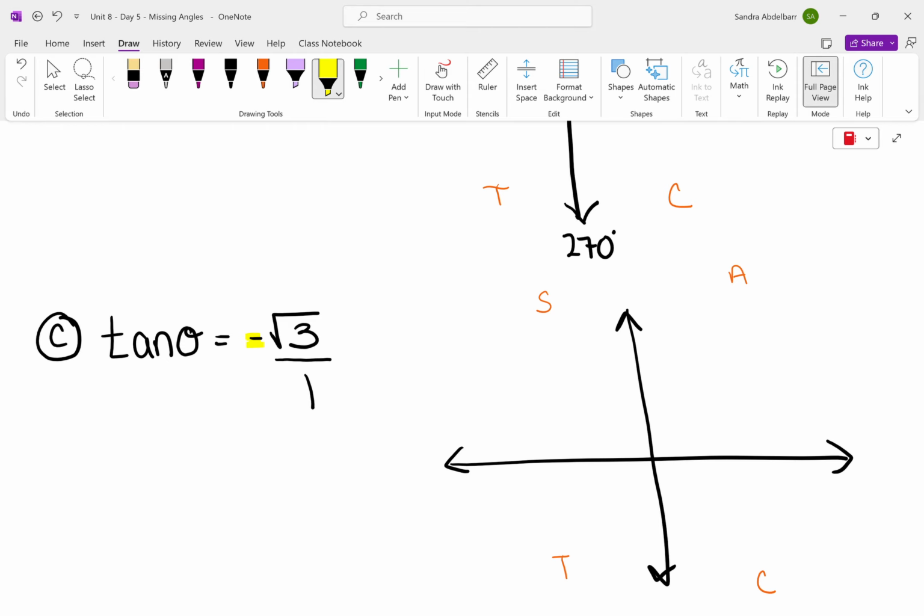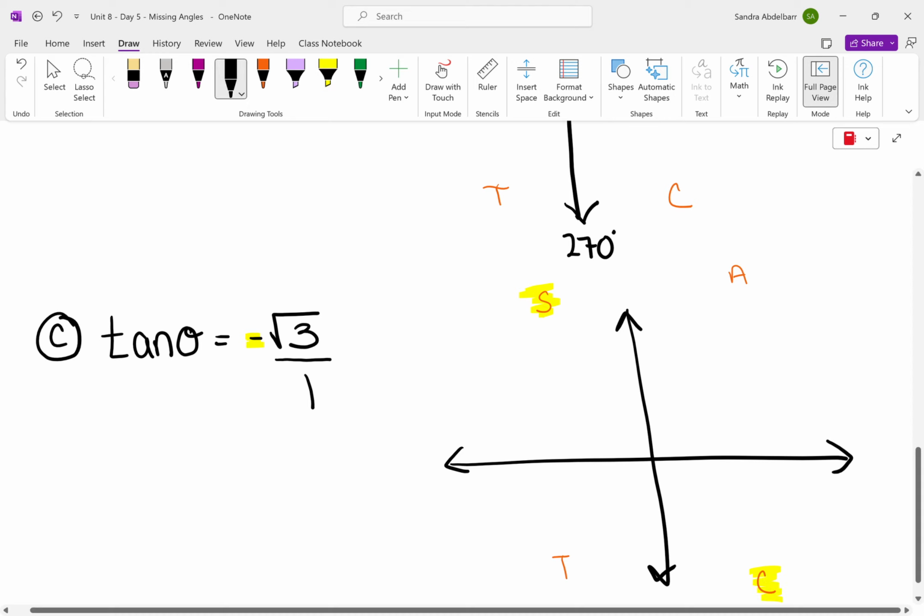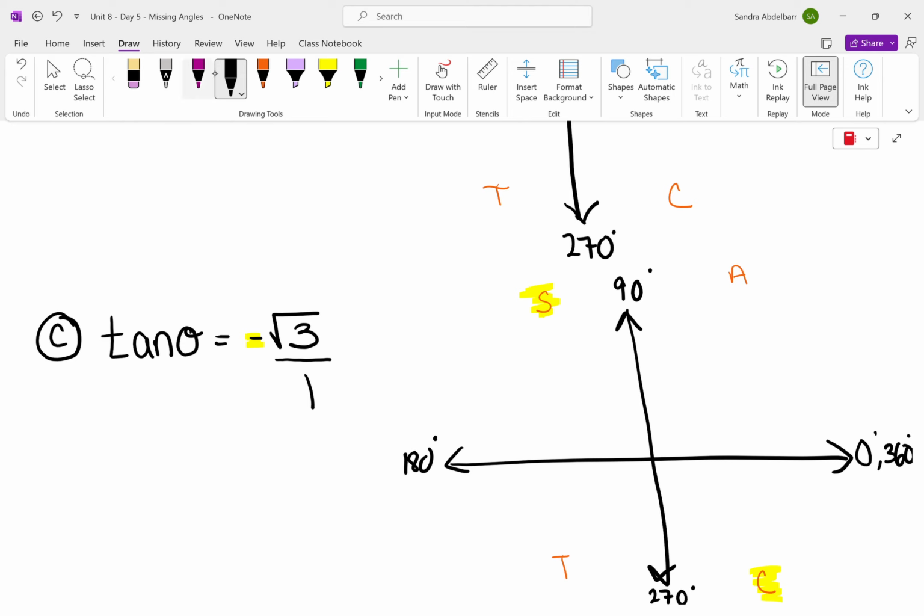Because our tangent is negative, I am not allowed to be in quadrant 1 because they're all positive in quadrant 1, and I'm not allowed to be in quadrant 3 because the T means tangent's positive in quadrant 3. So that brings us to quadrant 2 and quadrant 4. Those are where my two angles are going to be. So we have 0, 360, 90, 180, 270.